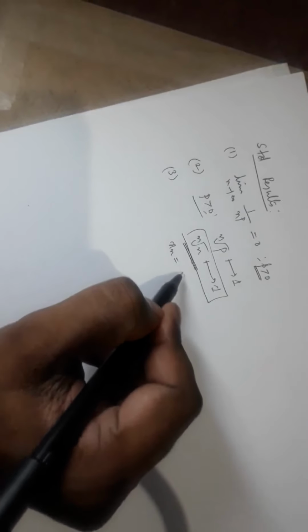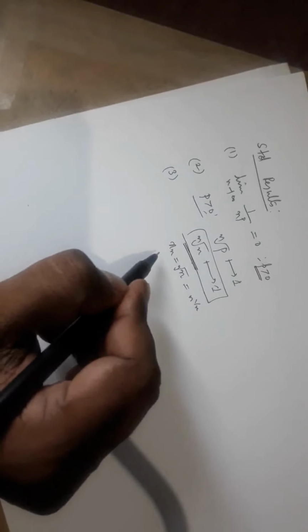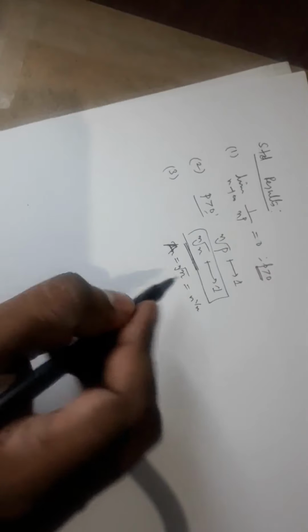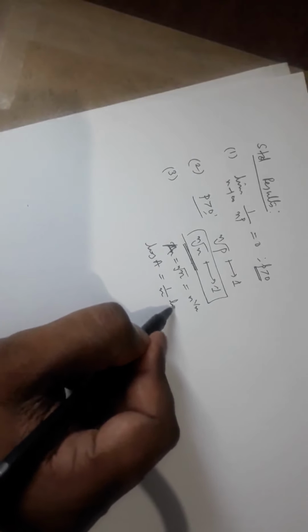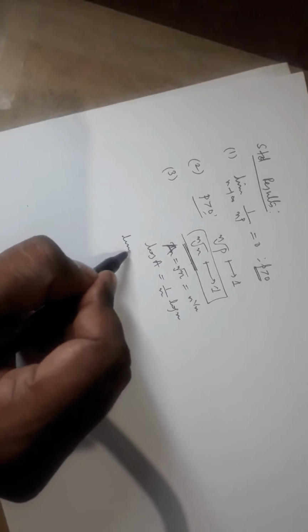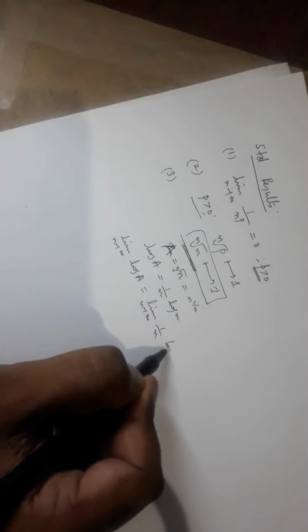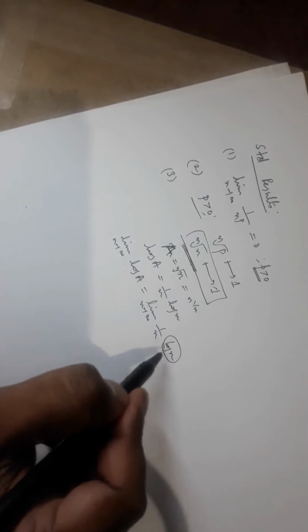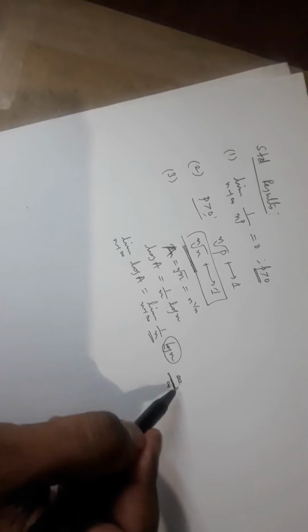Let me say xn is the nth root of n, that is n to the power 1 by n. Let me say a is this. So taking log on both sides, log a equals 1 by n into log n. What will happen if n tends to infinity? As n tends to infinity, log infinity is infinity, so it is infinity by infinity, an indeterminate form.